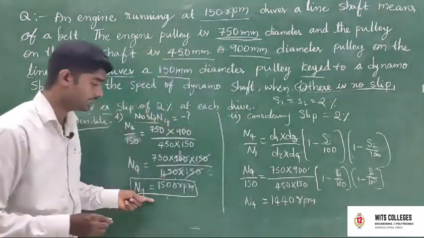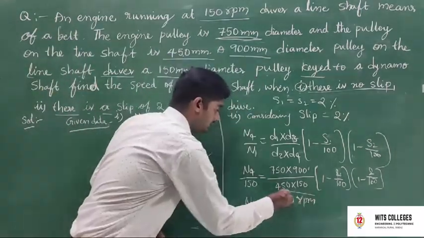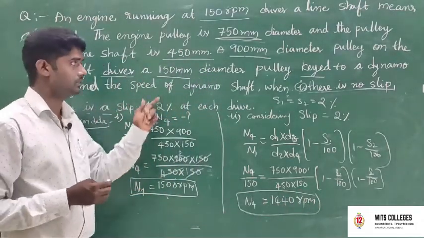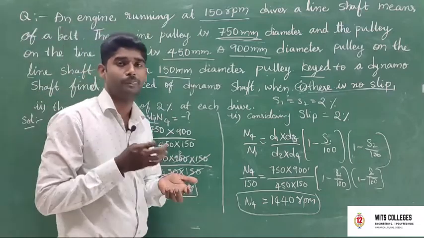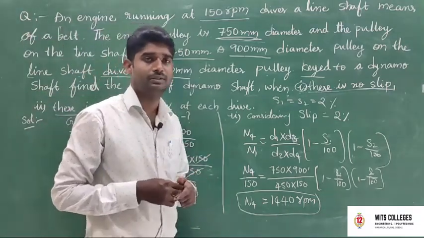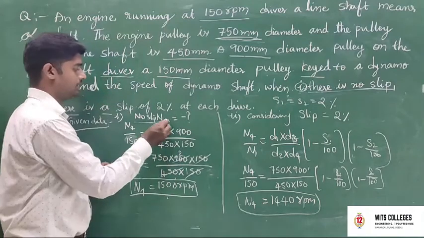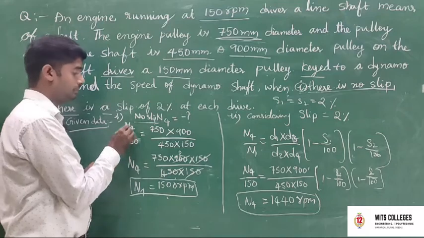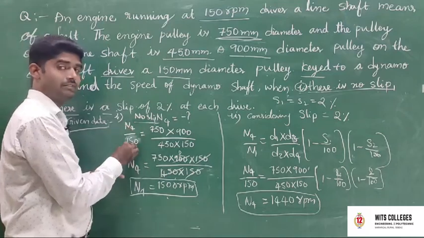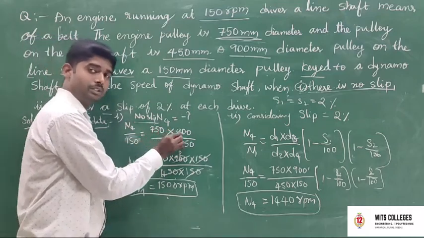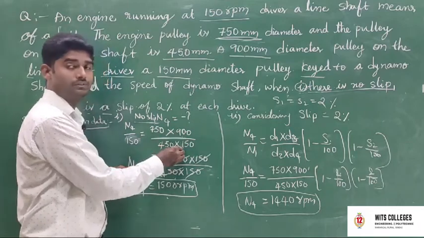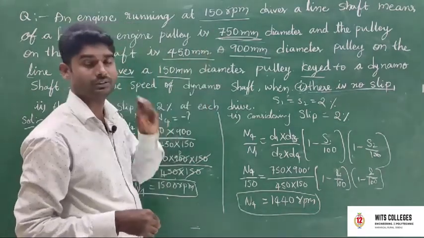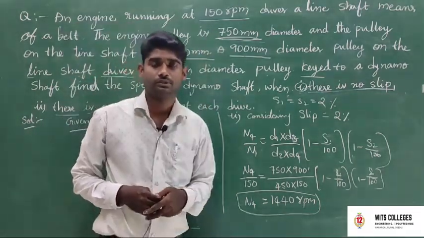This is considering slip, and the earlier one is no slip. This is an example for considering slip or no slip. Understood? First find out the speed N4. For no slip, N4 by N1 is equal to D1 into D3 by D2 into D4. Substitute the diameters, there are four diameters in this question. Okay, understood? Thank you.